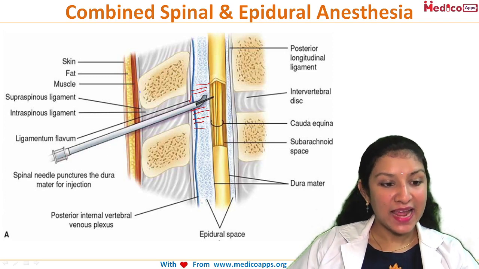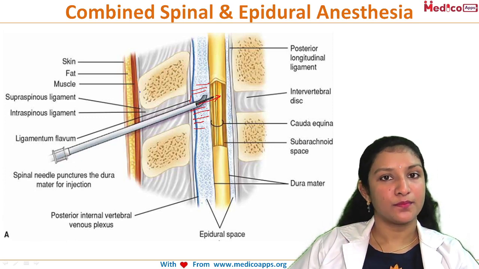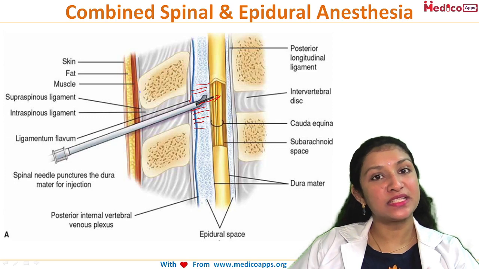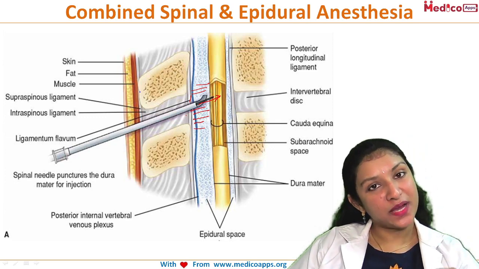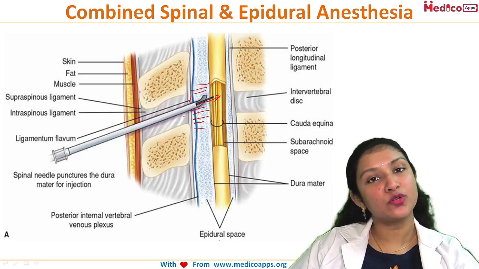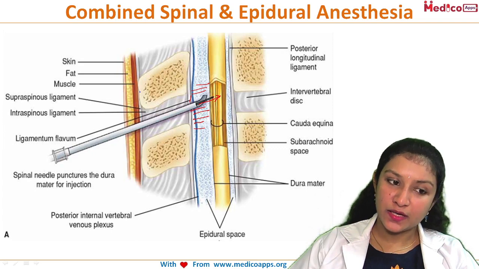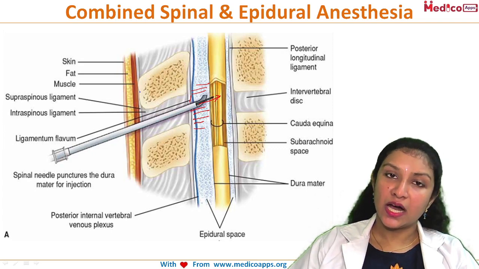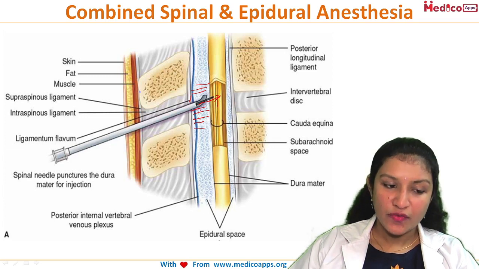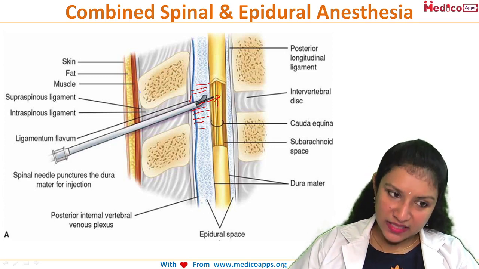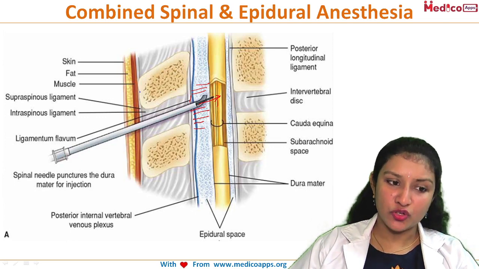Then we can advance the spinal needle to pierce the dura. So the epidural needle tip is in the epidural space, and only the spinal needle can advance into the dura, so that through the spinal needle our local anesthetic can be injected into the subarachnoid space, whereas through the epidural catheter our local anesthetic can enter the epidural space.